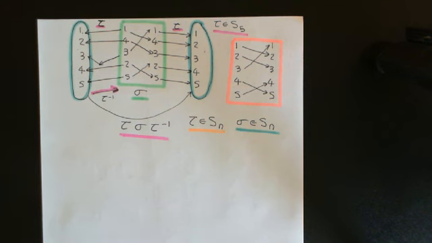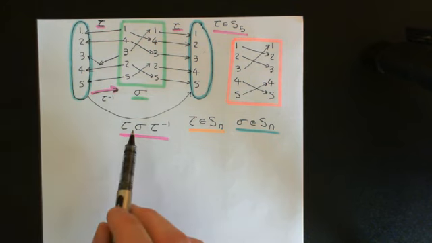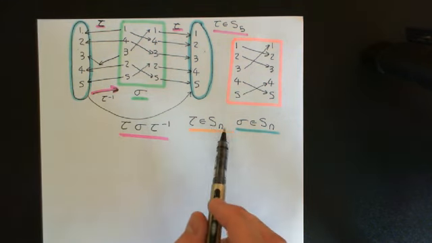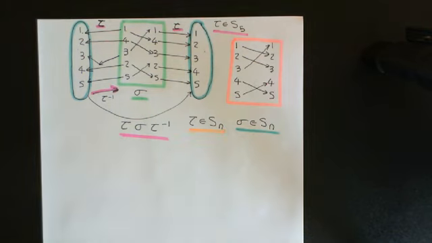So that then is the interpretation of what it actually means to conjugate one element of the symmetric group on the set of n elements by another element of the symmetric group on the set of n elements.